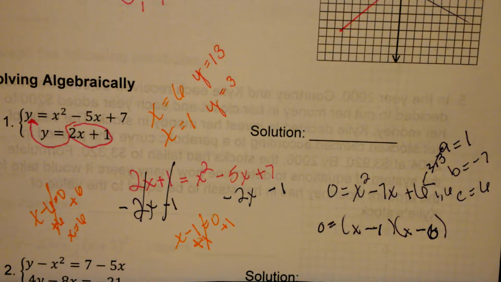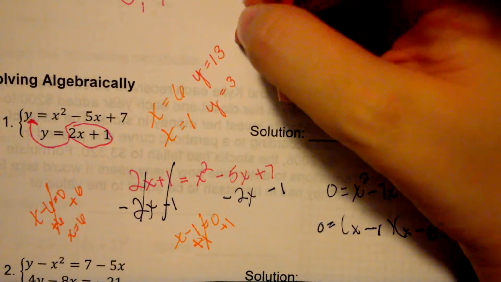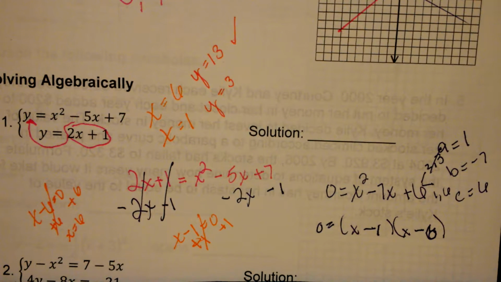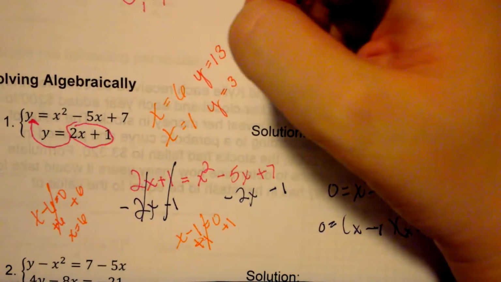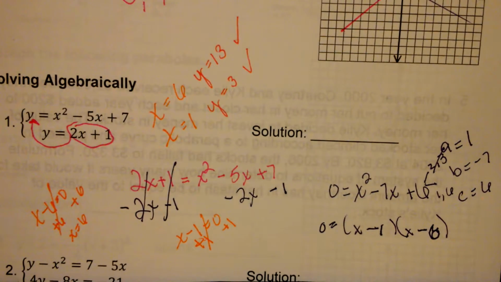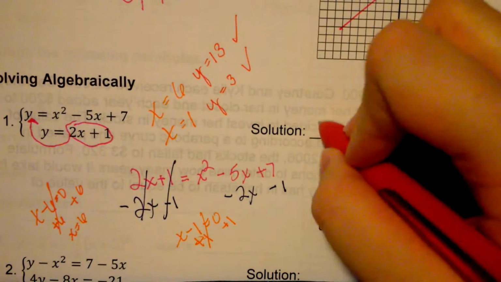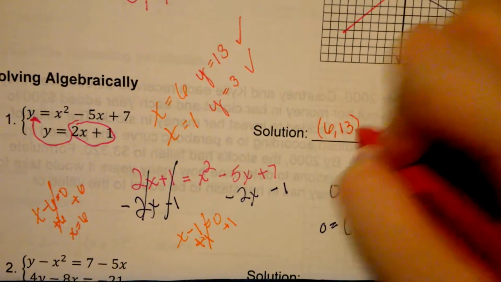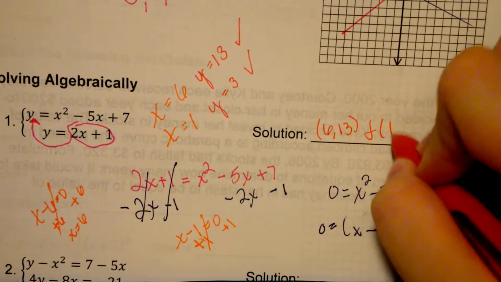So 36 minus 30 will be 6, plus 7 is 13. So this one checks out. 1 squared is 1, minus 5 times 1 would be negative 4. Negative 4 plus 7 is 3. So that checks out. So my solution is (6, 13) and (1, 3).